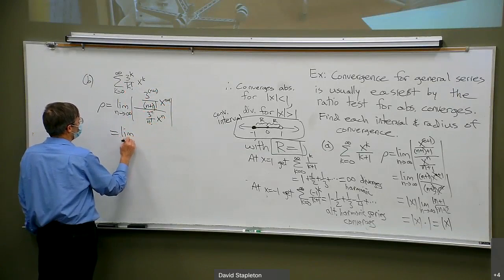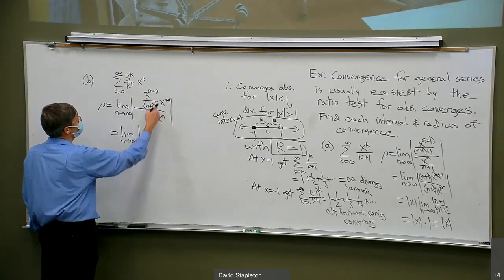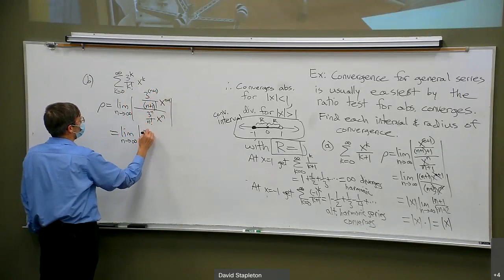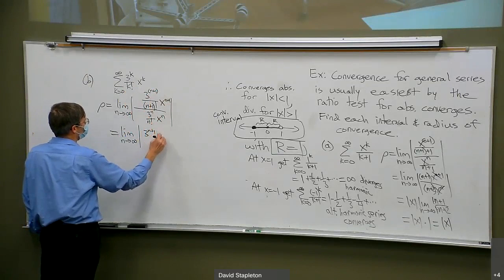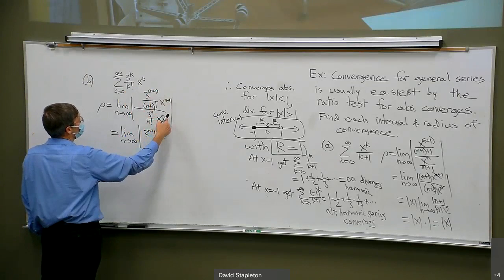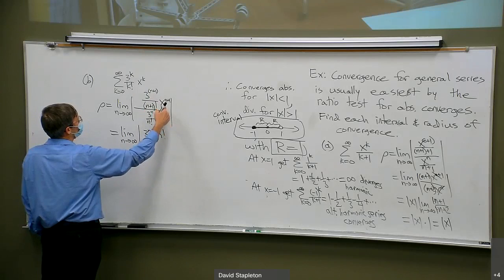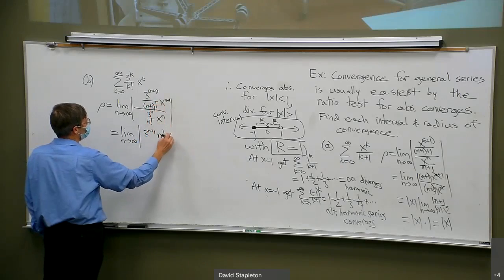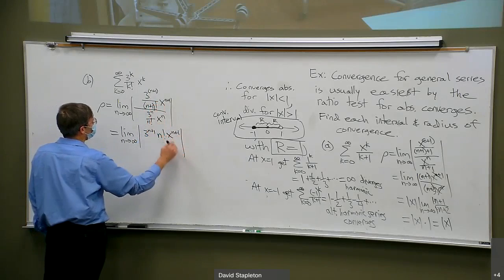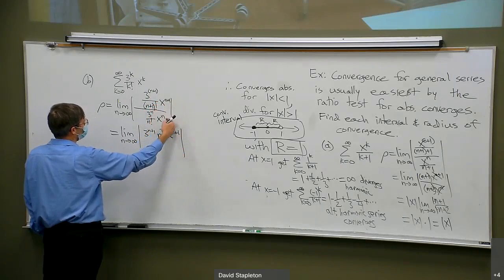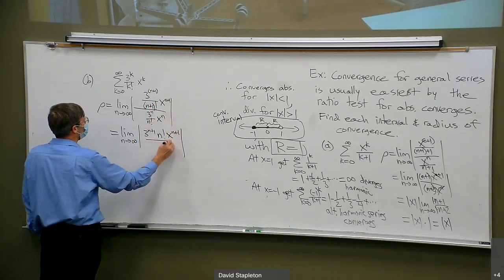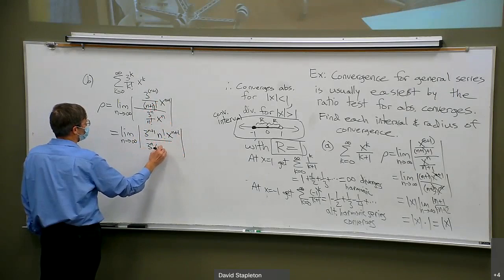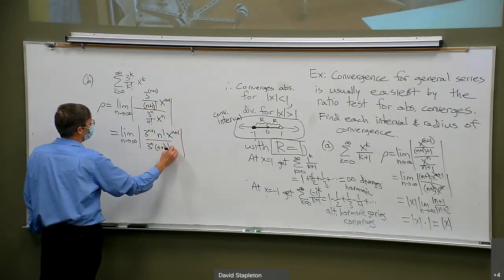So this is the limit as n goes to infinity of, and we take top times bottom over middle times middle again, 3 to the n plus 1 times n factorial times x to the n plus 1, over bottom times bottom, including this one because this goes in here, n plus 1 factorial times 3 to the n times x to the n.